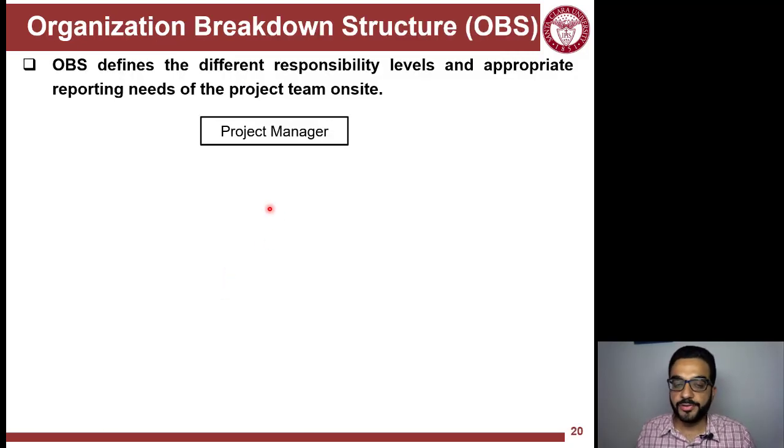The last thing we'll cover here is OBS, Organization Breakdown Structure. The same way you break the scope of the project from the perspective of the work, you can break the scope from the perspective of responsibilities, or how the organization of the team working on the project will be broken down. So it defines responsibilities and the channels of communication and responsibility within the project.